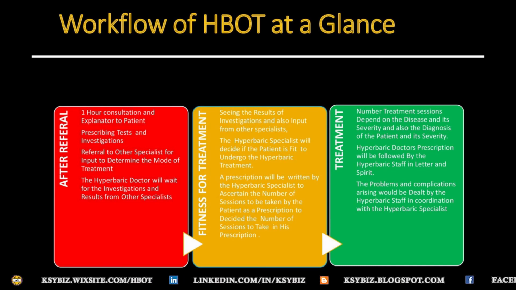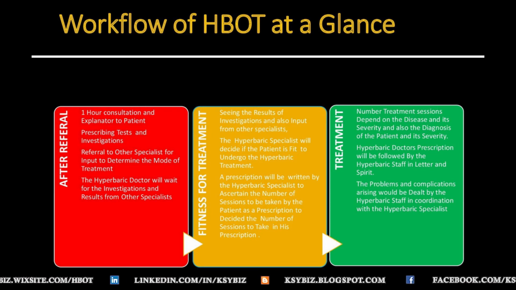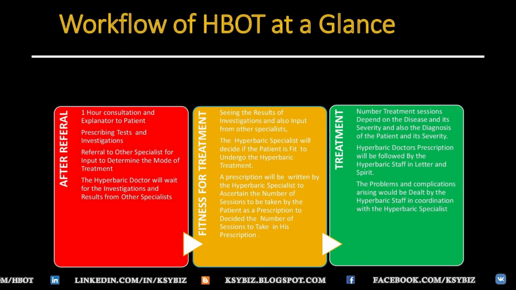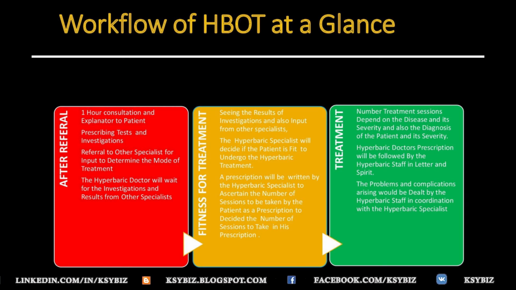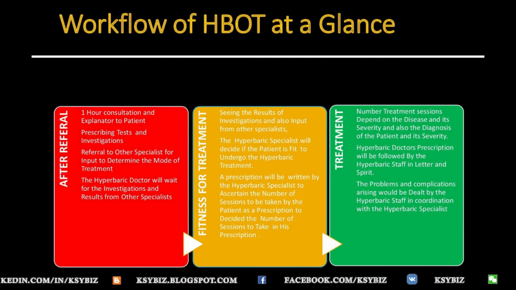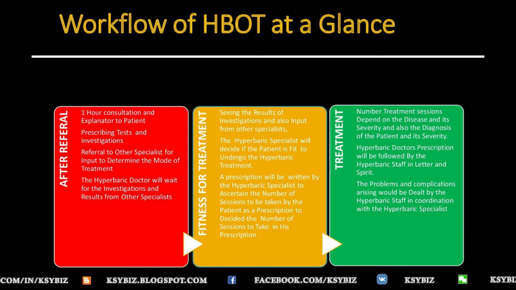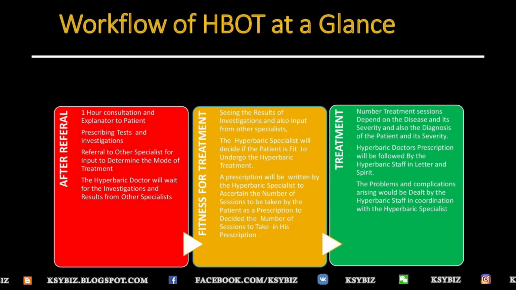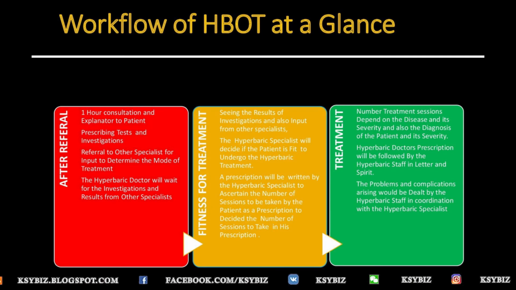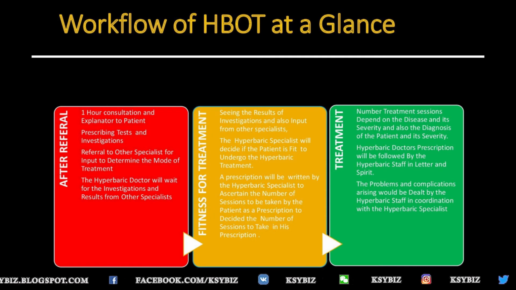As you see in the red, a 1 hour consultation is being done after referral from another specialist, and when the referral is completed, in the yellow you can see the process of fitness for treatment, and when you are fit, then you go to the green box, which is the treatment itself.